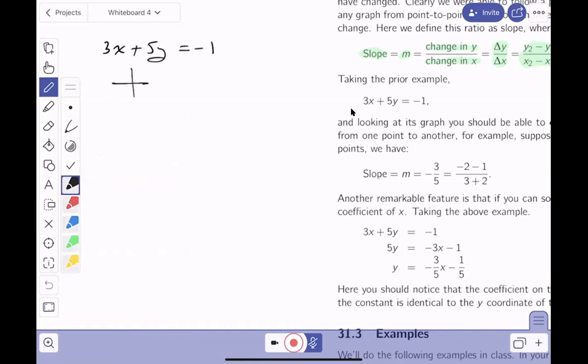Well, we've been doing this for some time now, and I'm going to write down points that look easy for me to deal with. Again, I'm not going to say they're easy for everyone, but I'm going to say, I don't know, minus 2 for x and 1 for y. Now, why is that? Because 3 times minus 2 is minus 6, and 5 times 1 is 5, and minus 6 plus 5 is minus 1. That worked out beautifully.